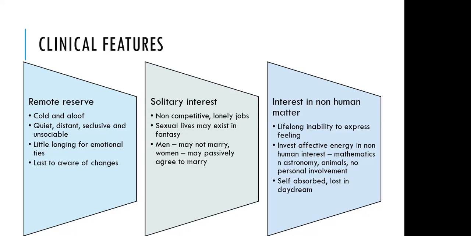They usually have interest in non-human matters, with a lifelong inability to express feelings. They are more invested in non-human interests like mathematics, astronomy, and animals, with no personal involvement. They also appear to be self-absorbed and lost in daydream.